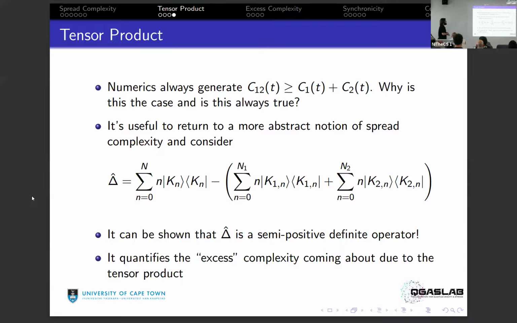When I first saw this, I was quite surprised by that. But in retrospect, it's actually quite obvious. If you think about this in a computational way, the subsystems, I build them with two operations and superpositions. The Hamiltonian for the one subsystem and the Hamiltonian for the second system and superpositions.